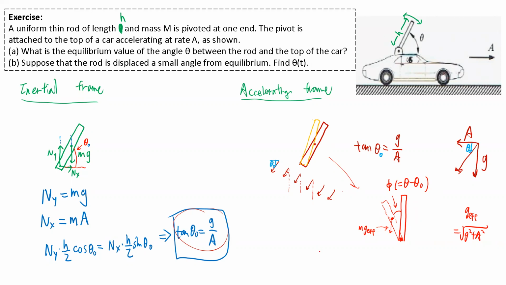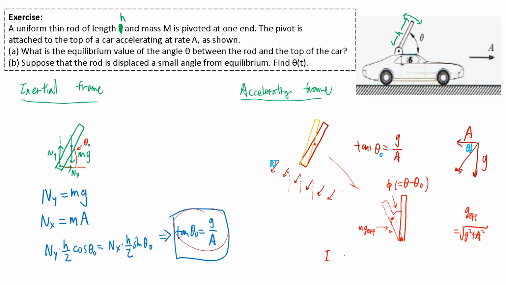Now I'm going to again use torque equals I times angular acceleration. This time the I is not the I CM. Again, it is I at this point, using this point as the rotation axis.